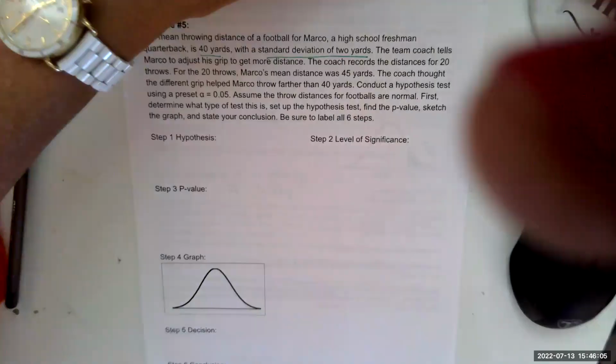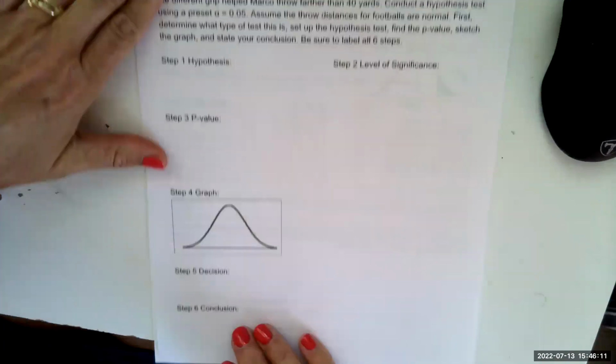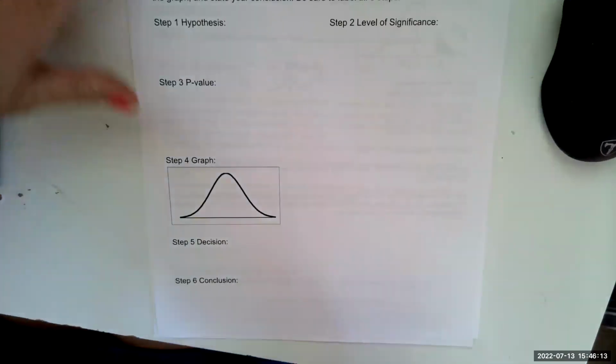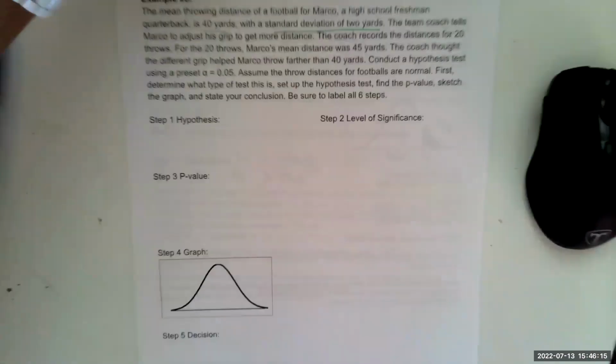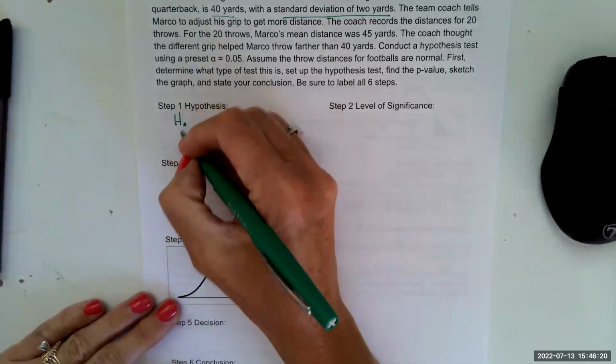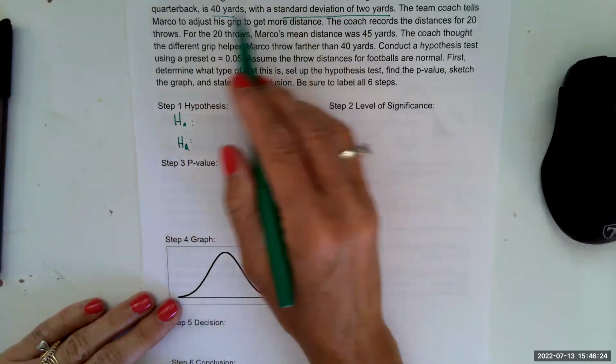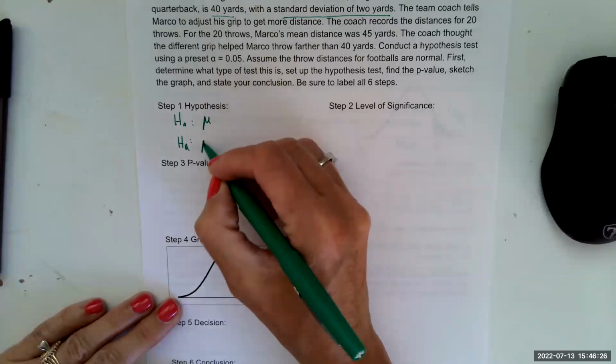So you can see that I've set up all 6 of your steps for you here that you're going to fill in. This is how your paper should look as you're doing the hypothesis test. So our hypotheses are H0 and HA. H0, because we're talking about the mean, is going to use our symbol mu.